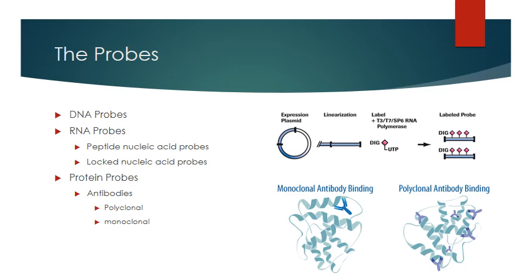And then we have a couple of specialized probes. We have a probe called a peptide nucleic acid probe and a locked nucleic acid probe. These are synthesized using special chemical methods, and what they have is modified nucleic acids, which actually provide the advantage of being resistant to certain nucleases that would degrade DNA and RNA.